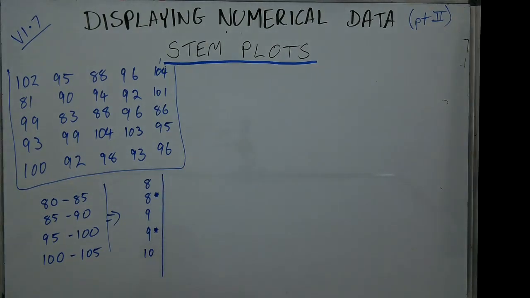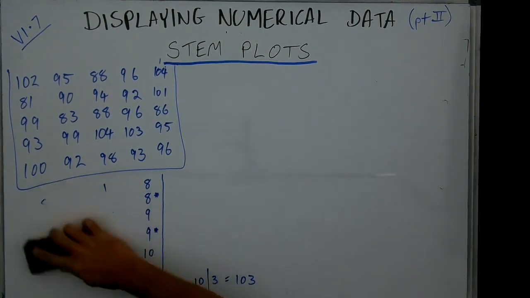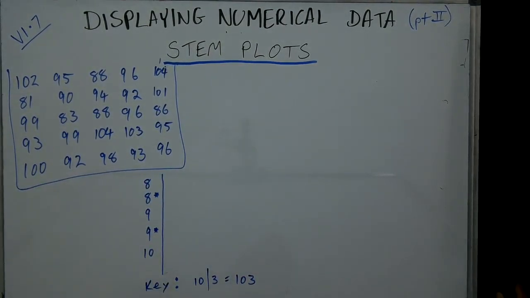There's our line, and let's just put the key here. You can see that. And let's use this slash line 3 equals 103. Okay, so we don't need that now. So I'm going to do the same thing.